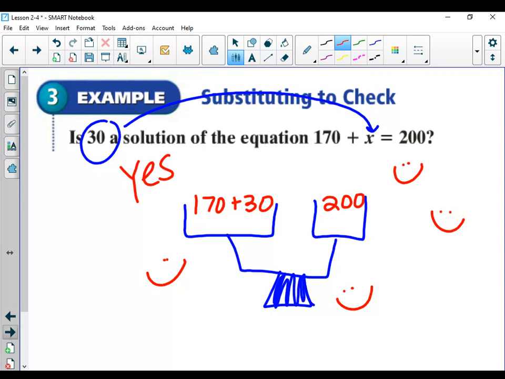Yes, 30 is a solution. Why? Because now the left side equals 200 and the right side equals 200. Yay!